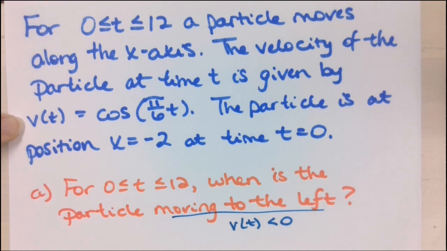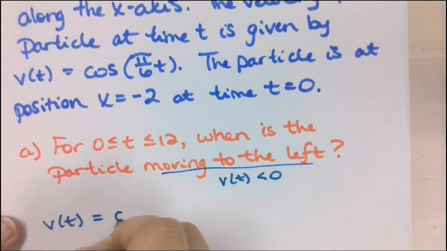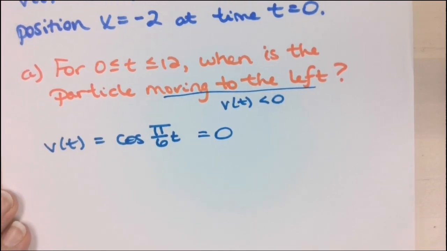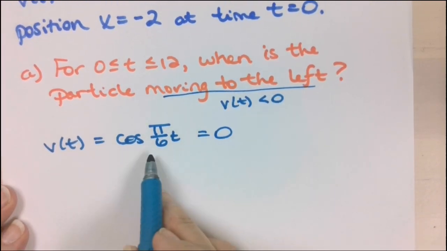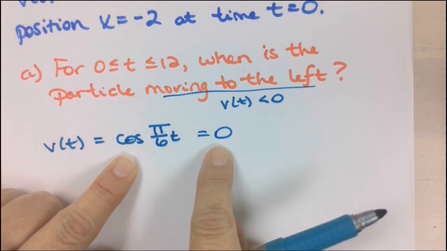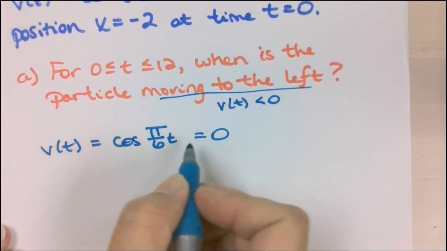In the problem, the function that we're given is v of t equals cosine pi over 6t. So we're going to set this equal to 0. And so now we're asking ourselves, when is cosine equal to 0? Well, that of course happens at pi over 2, 3 pi over 2, and we may need to continue going on, 5 pi over 2, 7 pi over 2, and so on.